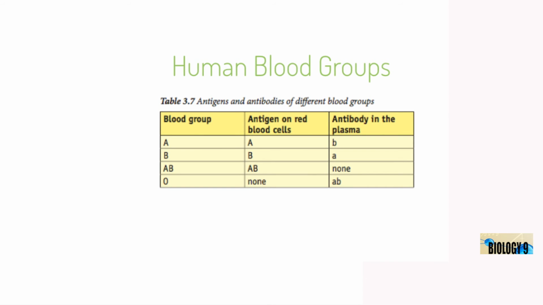Now, if blood from different blood groups is mixed together, there may be a reaction between the antigen and complementary antibody. So this makes the red blood cells stick together. Agglutinate. You don't really want that. The blood's not going to be working properly, and you're going to be blocking up the capillaries and the vessels.